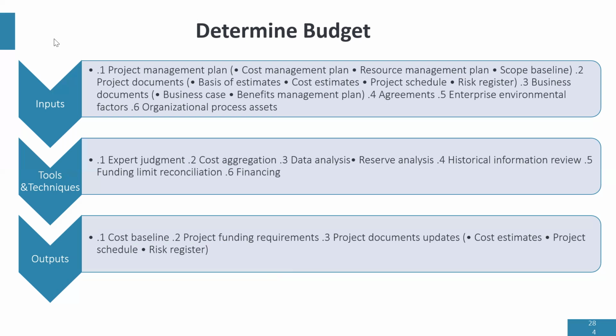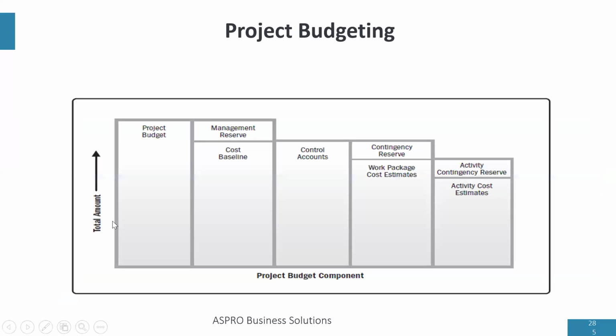Okay, so let's look at how your project is in terms of cost structure. The first thing that we did was we costed activities. And how did we cost activities? We looked at the resources assigned to each activity and we got the cost estimate.